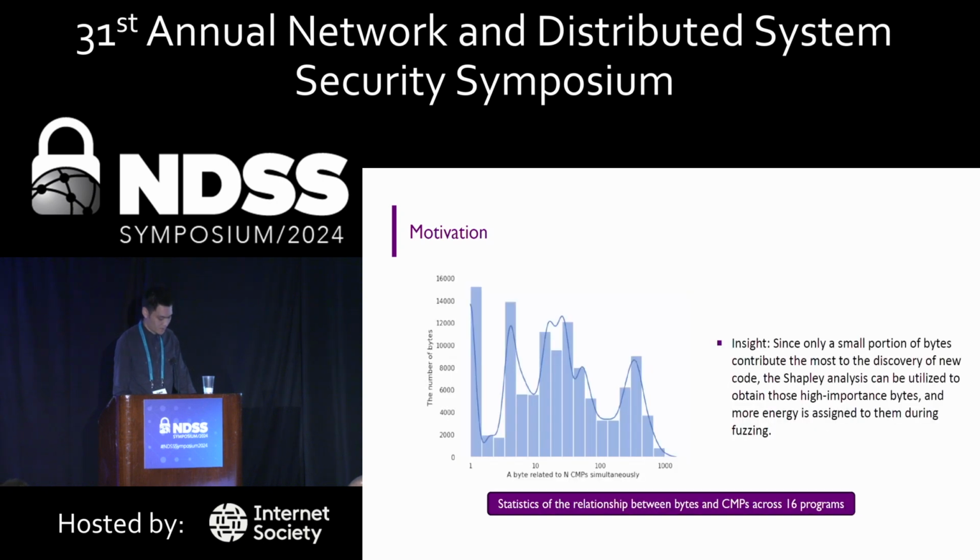To investigate how often bytes are related to multiple path constraints at the same time, we examine the compare operator as an example and analyze the overlap of related bytes among the compares in 16 programs. This experiment indicates that the sharing of related bytes between compares is a common occurrence in the programs.